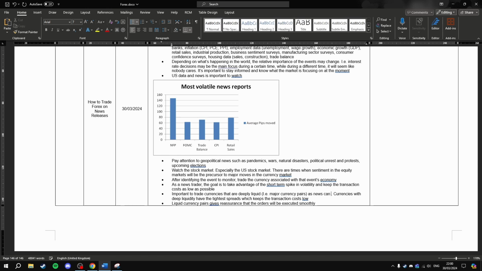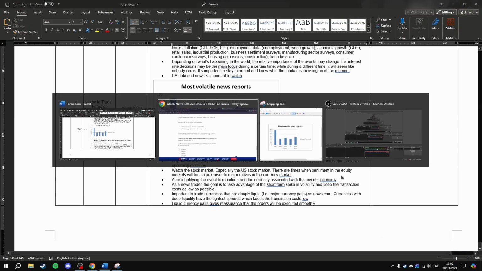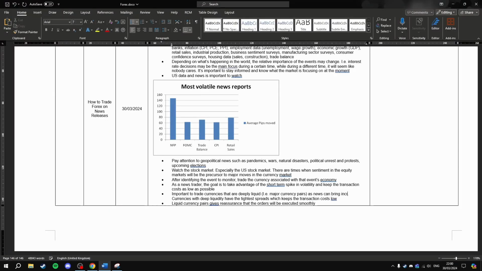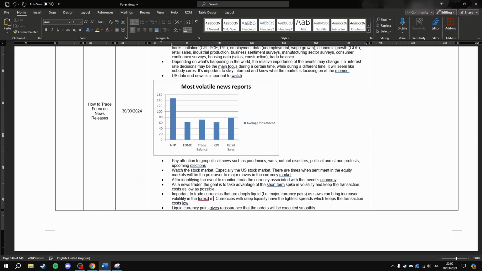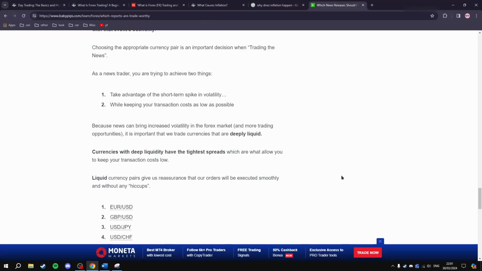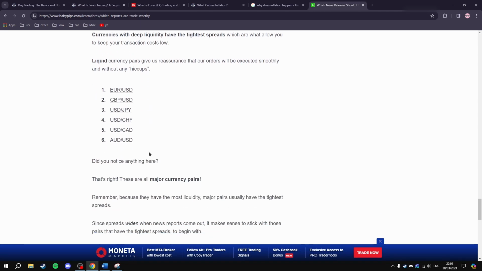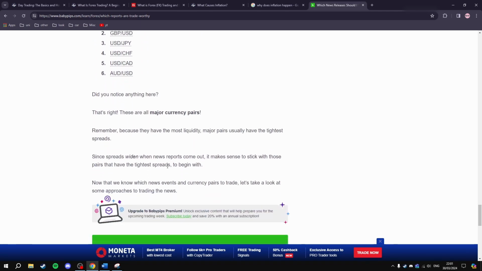As news can bring increased volatility in the Forex market. Major currency pairs.